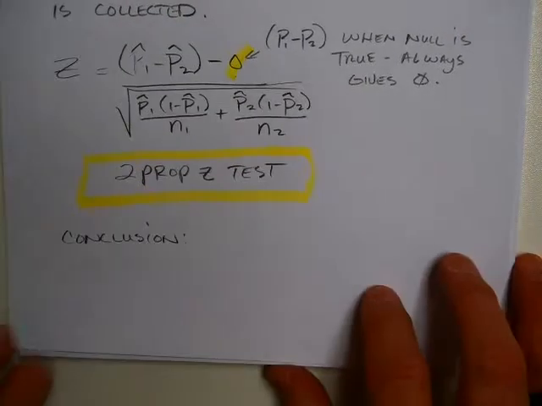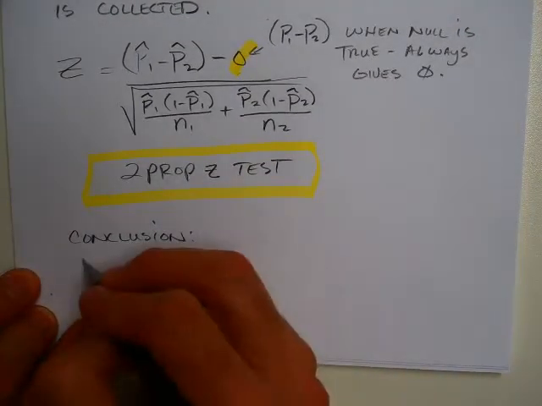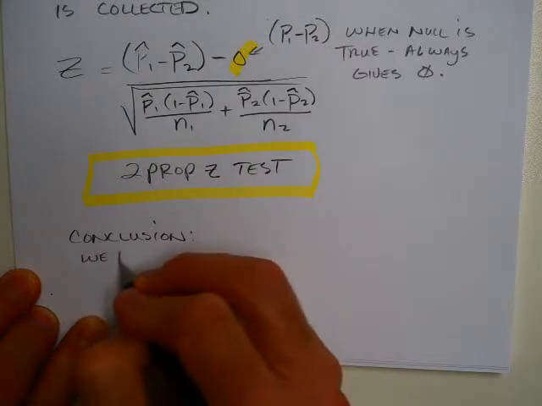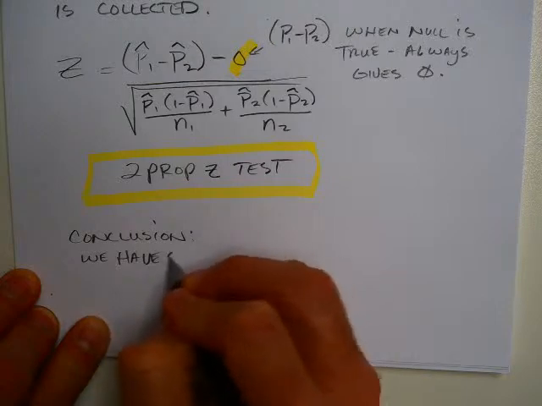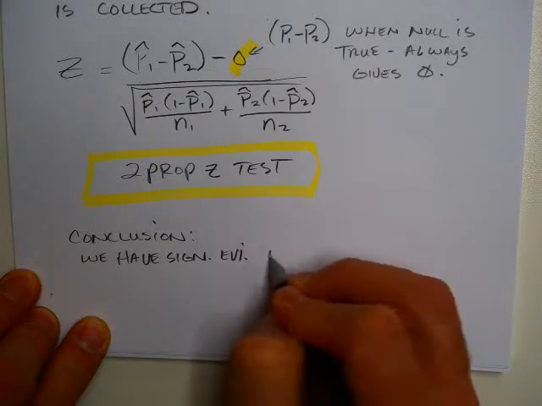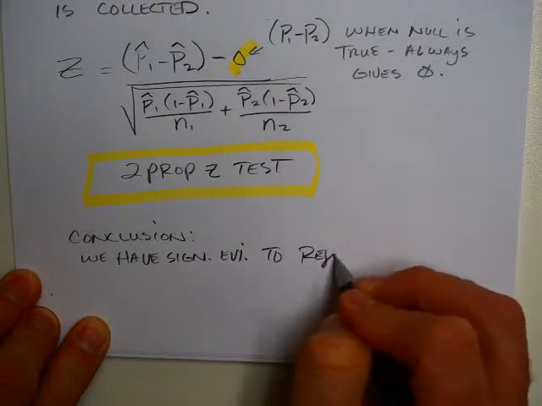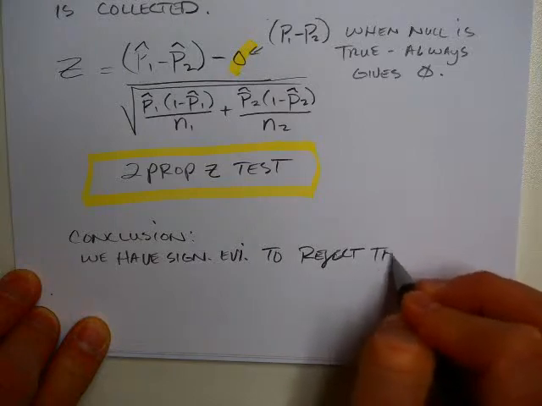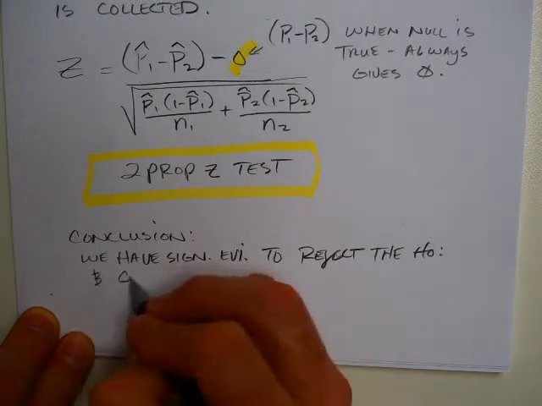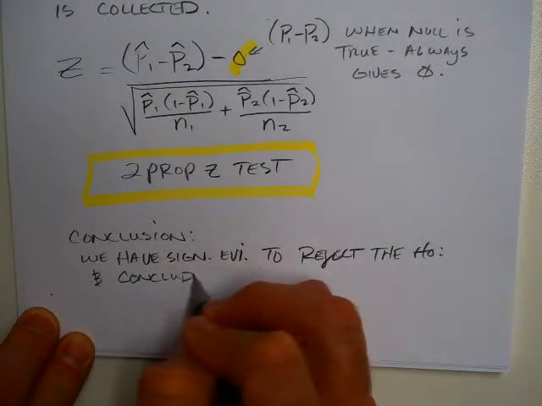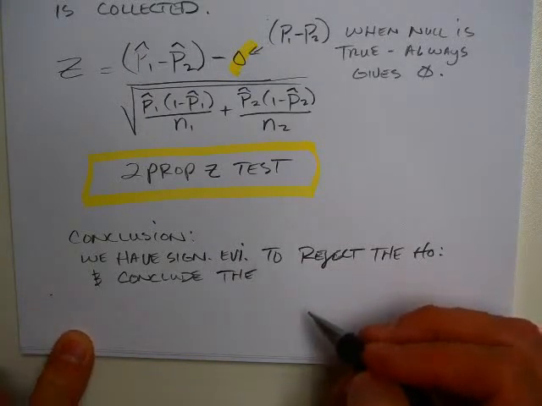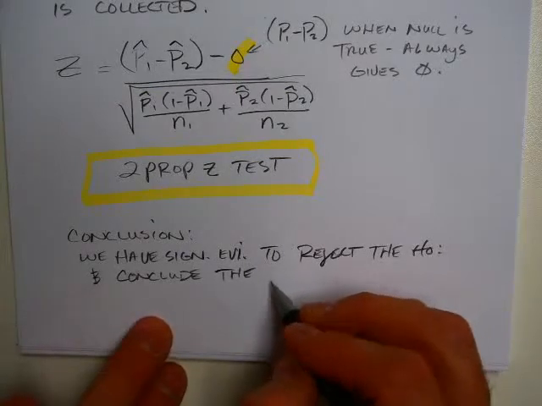So, conclusion: if you reject the null, we have significant evidence to reject the null, and conclude the proportions are different is basically what it comes down to. You'll definitely need to get some context in there.